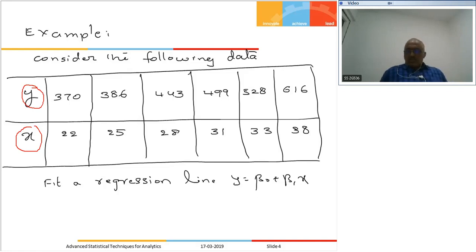Here, as discussed in the previous session, the requirement is to go for a linear regression, y equal to beta naught plus beta 1x.